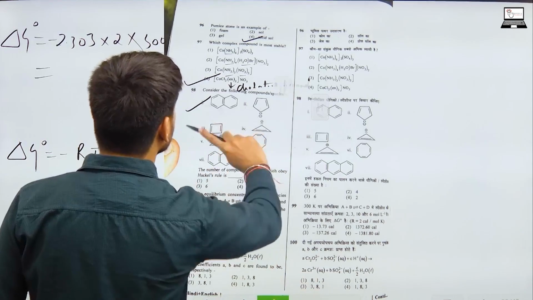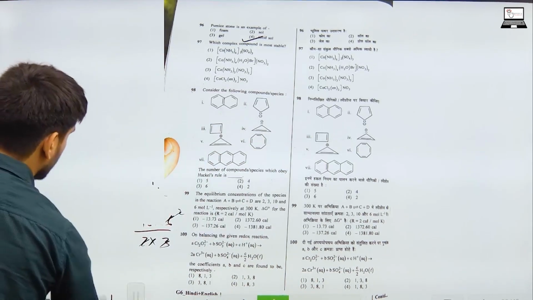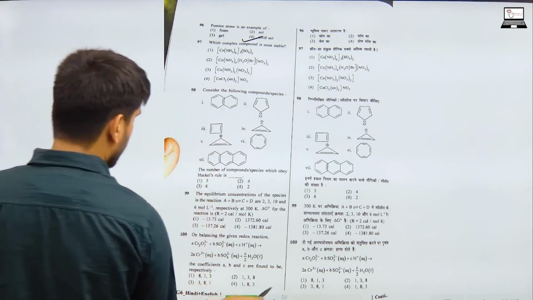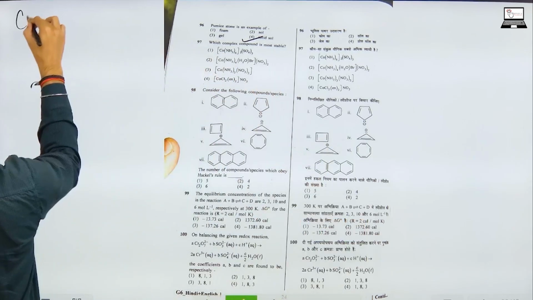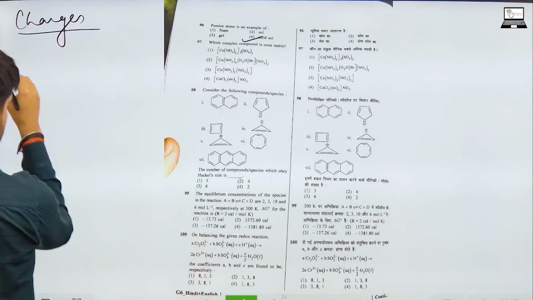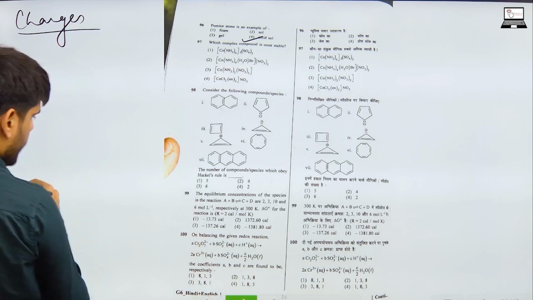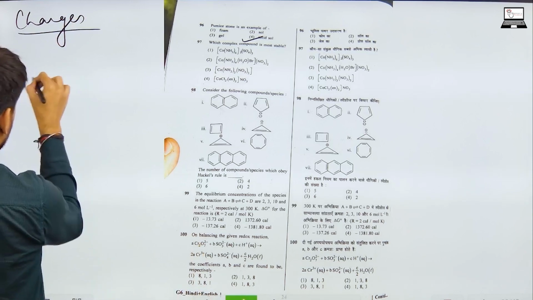The last question is regarding the balancing of a redox reaction. Now this is also very simple. We will try to balance the charges first. The charges will be balanced like this. So this will be 2a and minus 2b.